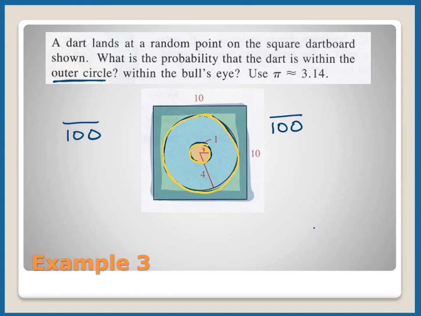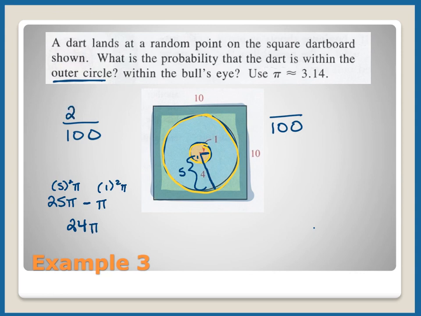So to do that, the whole circle would be 4 plus 1, which is 5. So the big circle is 25 pi because that's 5 squared times pi. Then I'm going to subtract from it the area of the inside circle, which would be 1 squared times pi or 1 pi or pi, which means this is 24 pi.